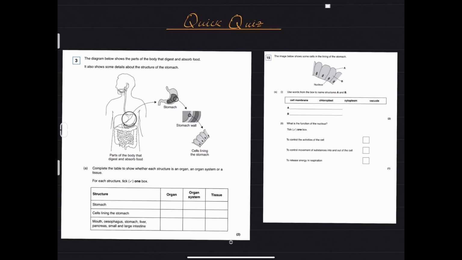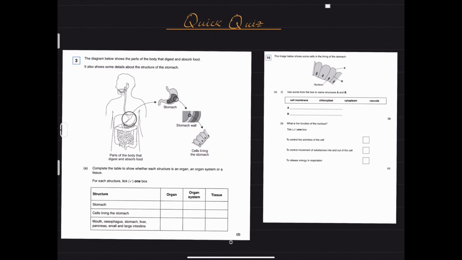Okay, so a quick break. So we're just going to have some quick questioning here. And again, as before, what I want you to do is look at these two exam questions and type your answer back to me on Teams in a separate chat box so no one else sees your answer. So question 3, you're going to have to identify correctly the various components of the digestive system.